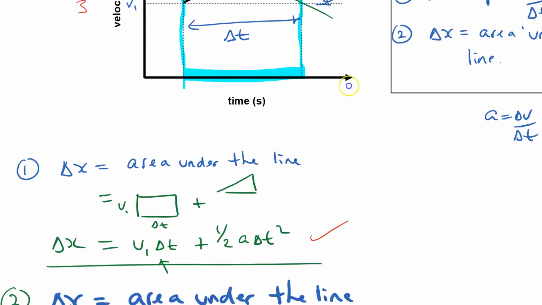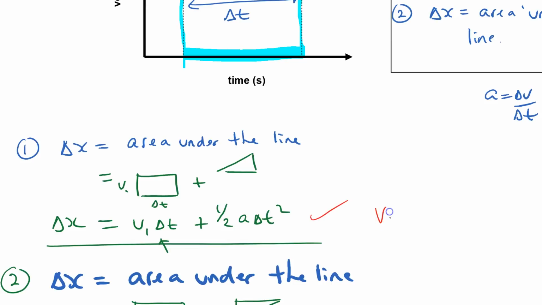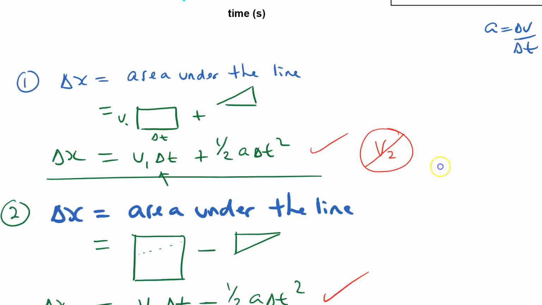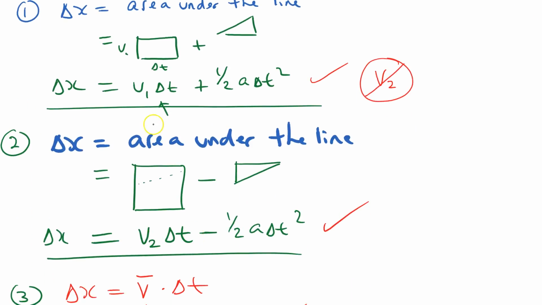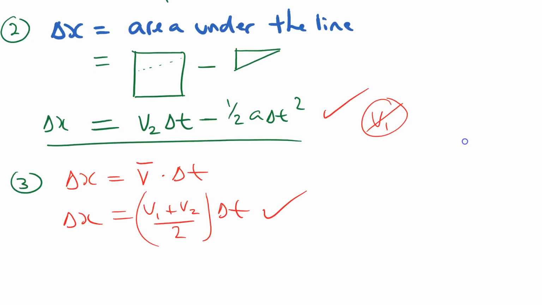So which one's not there? There's no v2 in this formula. So if you're working with stuff and you go, oh, I don't even need to use v2, it's not given, I don't need to find it, then this is probably the equation that you want to use. In the second one, v1 is now v2, so the one I don't have is v1. In the third one, what I don't have is acceleration.